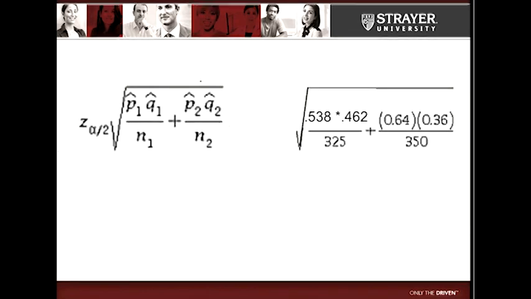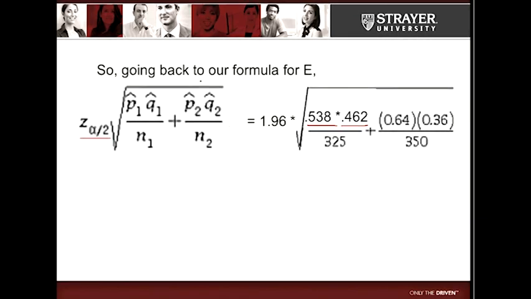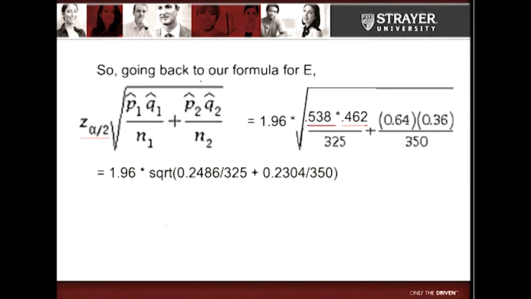So here's our formula: critical Z times the square root of, so here's my square root. Now the explanation in Alex used the P and Q for the first sample as fractions and everything else as decimals, so you see this looks a little different. I have calculated it and used those decimals all the way through, just because I think it makes more sense. Okay, so the critical Z was 1.96 times the whole big square root.